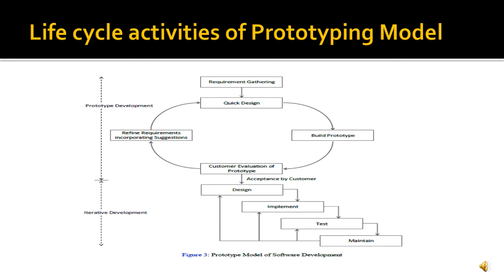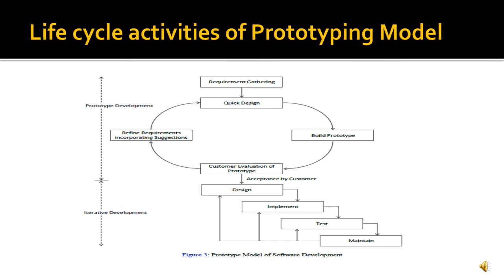The customer gets this prototype model from the software developer, and produces some reviews, or you can say suggestions, and according to the reviews the model has to be designed again. When the prototype is accepted by the customer, the phase can be changed. Then the project enters the iterative development phase.